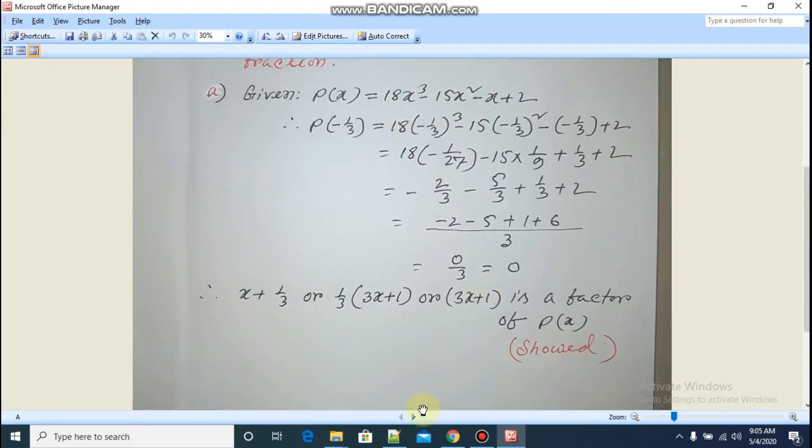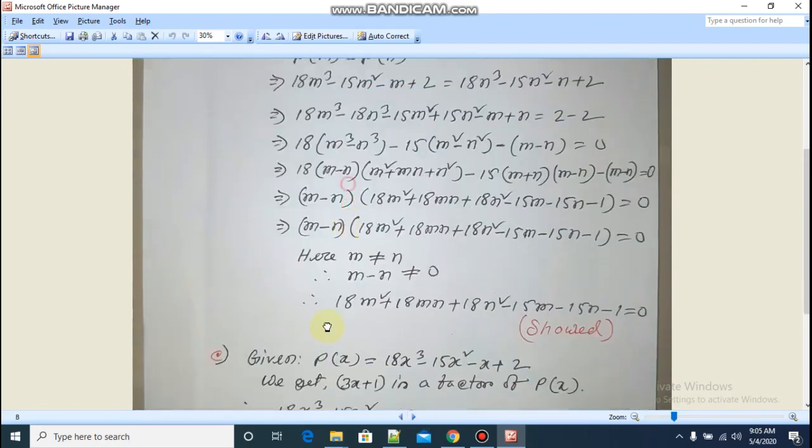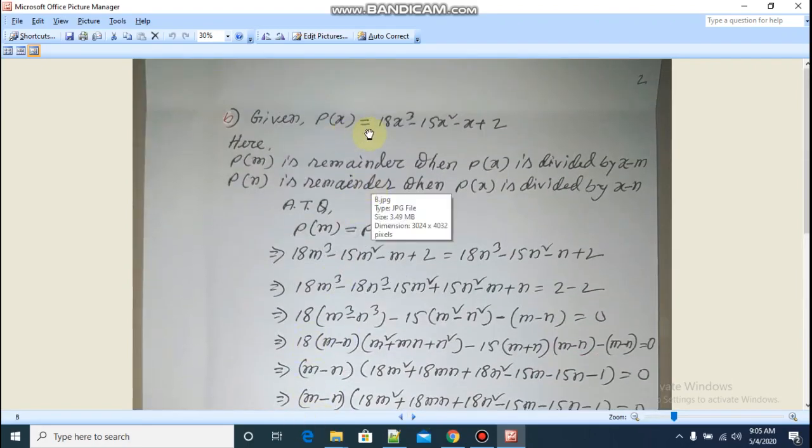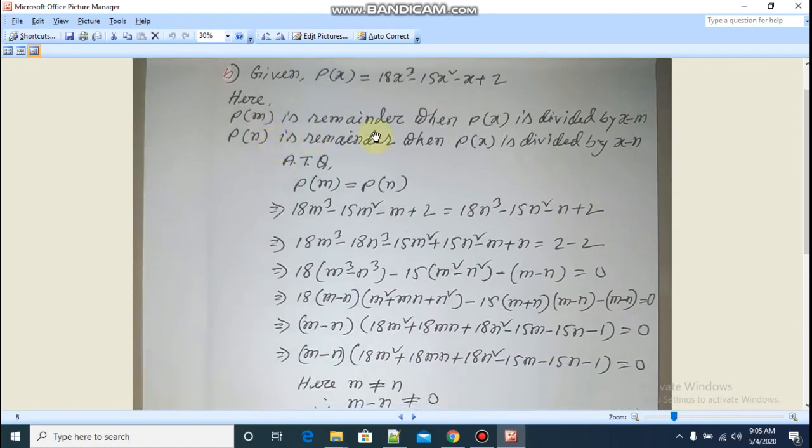We see the math. Given P of x equals this. So P of m is the remainder when P of x is divided by x minus m. P of n is the remainder when P of x is divided by x minus n. This is the remainder theorem. According to the question, P of m equals P of n.